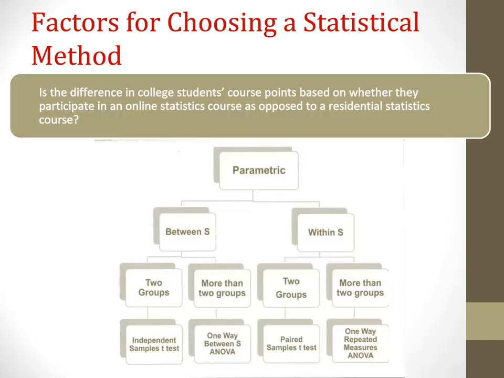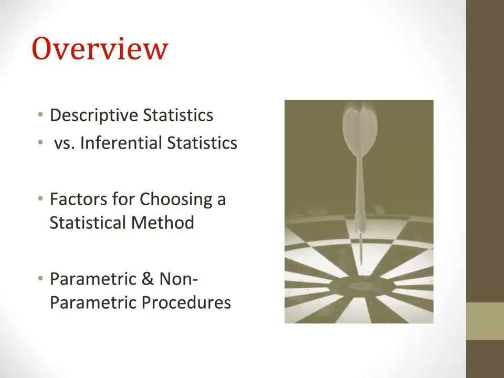At this point, probably what's most important for you to know and understand is the difference between parametric and nonparametric analyses and the factors that go into choosing a parametric versus a nonparametric, and other considerations such as research design that will help you later choose a specific statistical analysis. This then brings us to the end of the introduction tutorial for statistics.